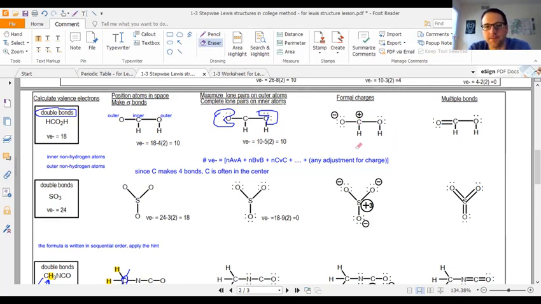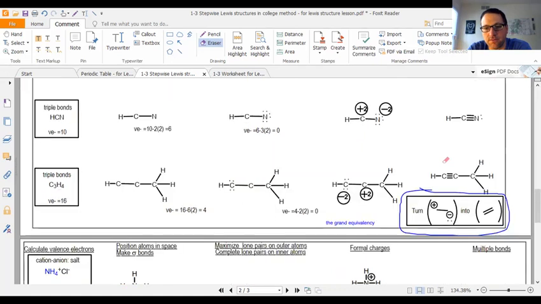And at the bottom, this is something called the grand equivalency. If you have a bond, listen carefully, please. So I just ended an important point about preferentially putting lone pair electrons toward the periphery, toward the edge, toward the outer atoms, whatever they are.